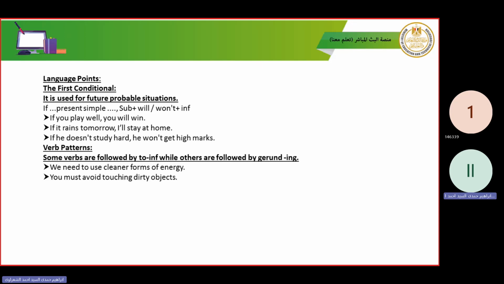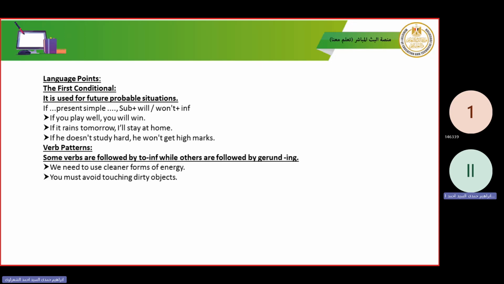So there is a group of verbs in English that must be followed by to infinitive. Then there is another group of verbs that is followed by ing, which we call gerund. You must avoid. You can't say avoid to touch. This is wrong. The verb avoid is followed by ing, so I say you must avoid touching dirty objects. Likewise the verb finish.